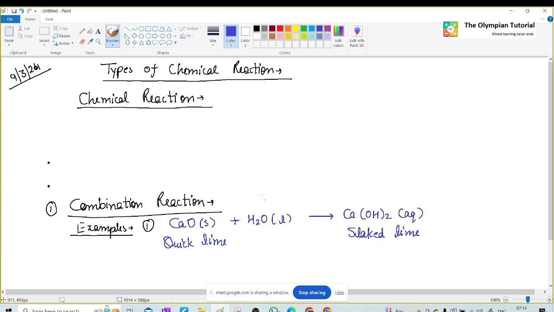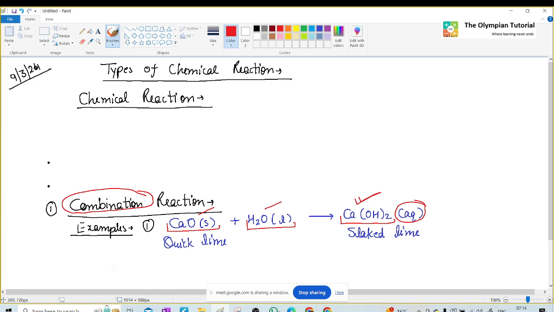So, Tanya, in this reaction we can see that solid calcium oxide combines with water to give slaked lime in aqueous solution. Or we can say, Tanya, two or more reactants are giving one product. So these types of reactions are called combination reactions.